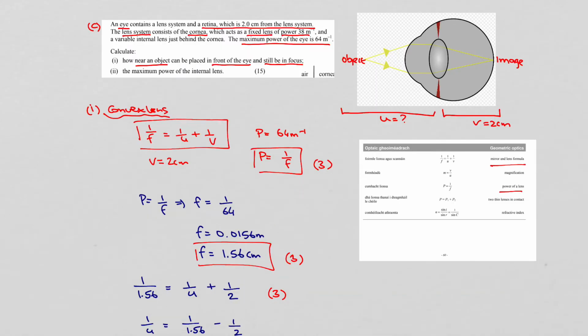So the second part of the question then wants us to calculate the maximum power of the internal lens. So of course we're told the lens system consists of the cornea, which is here in the eye, and then this is the internal lens. So the two of them combined have a power of 64 per metre, and the cornea has a power of 38 per metre. So again, if we're looking at page 60 here, 2 lenses in contact is going to be our combination.